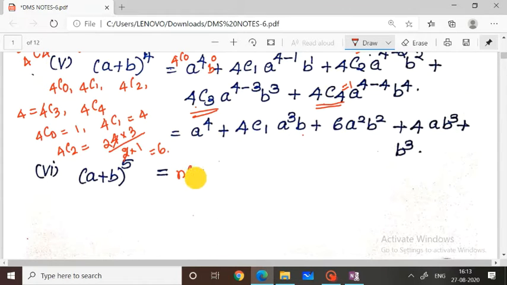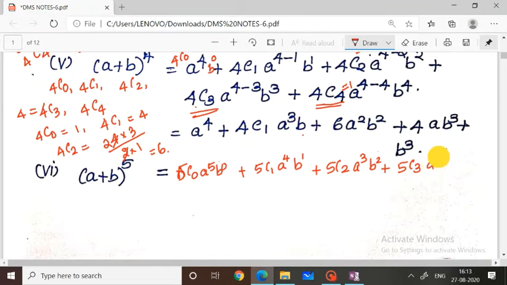First term will be 5c0 a raised to 5 b raised to 0, plus next term 5c1 a raised to 4 into b raised to 1, plus 5c2 a raised to 3 b square, plus 5c3 a square into b raised to 3, plus 5c4 a into b raised to 4, plus 5c5 a raised to 0, b raised to 5.